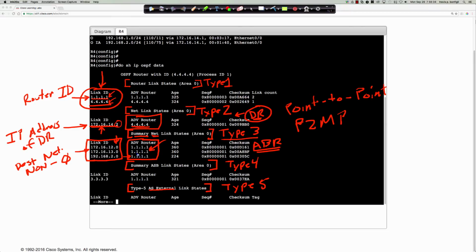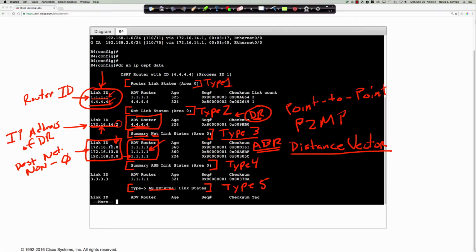Now, you may be asking yourself, well, wait a second, Travis, you said that the link state database needs to be identical on all routers. And again, let's complete that sentence. It's all routers within the same area. And so the type 3 LSA is distance vector behavior, just like EIGRP, right?